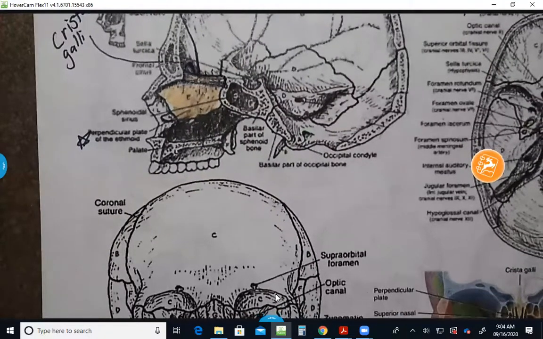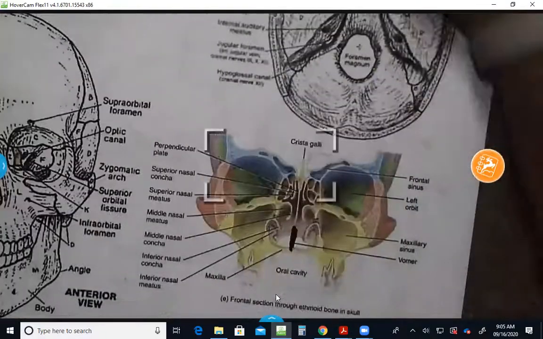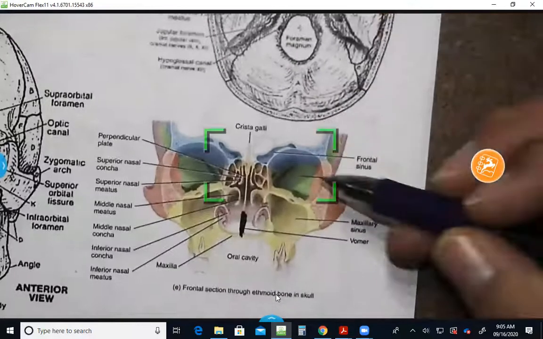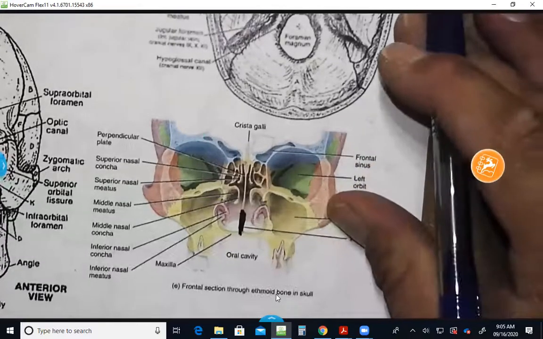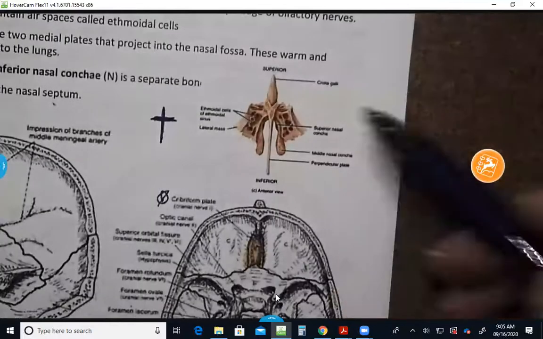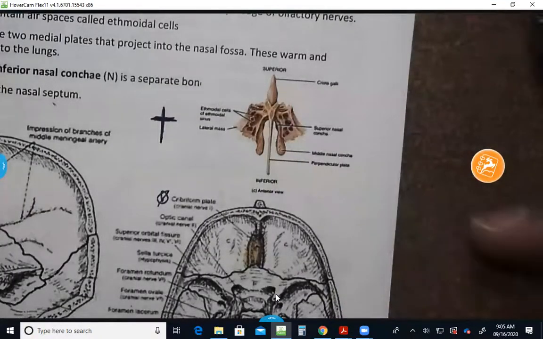Other things associated with the ethmoid. The main reason I included this image is to show what we call ethmoidal cells, or ethmoidal air cells, ethmoidal sinuses. They're little pockets, and this is why it looks kind of like a sponge.